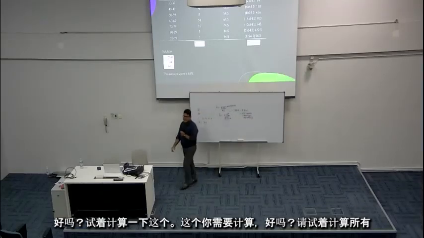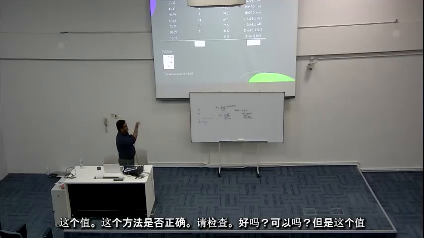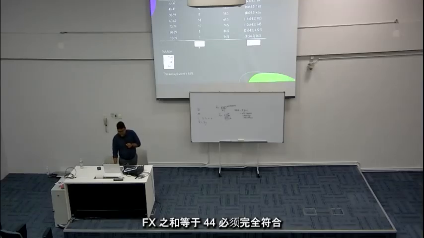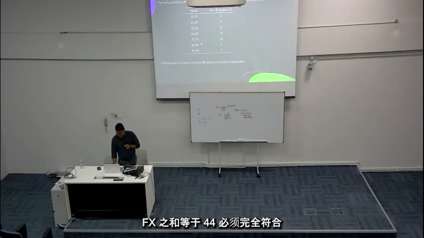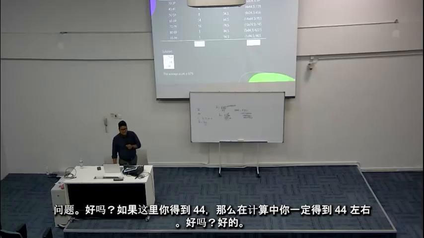Try to calculate this one. You need a calculator. Please try to calculate all these values and check whether this is correct or not. But the value of the summation of f, equal to 44, must tally and be consistent with the statement given in the question. If here you get 44, then in the calculation you must get 44 also.